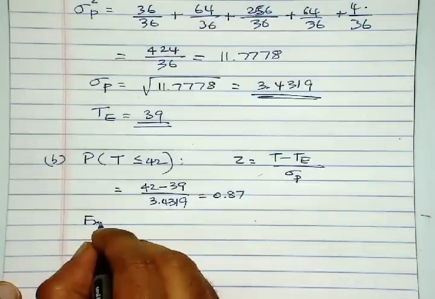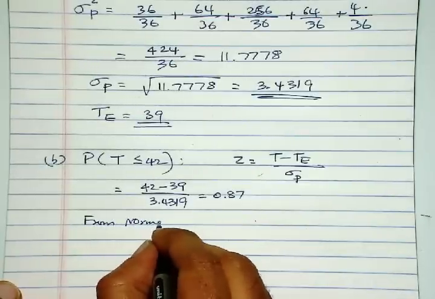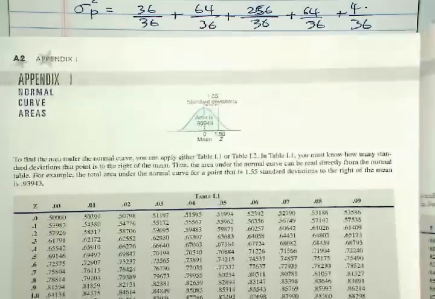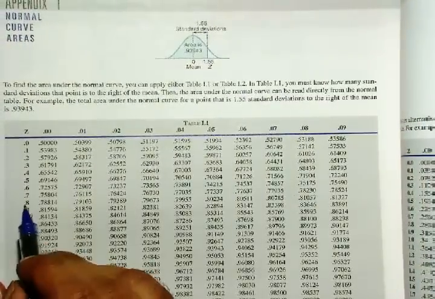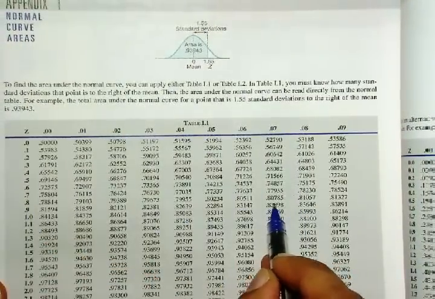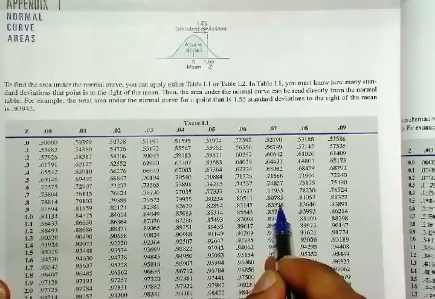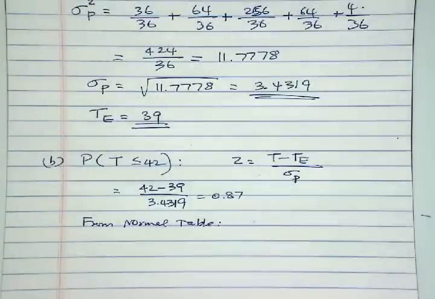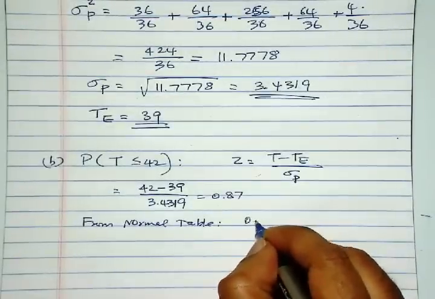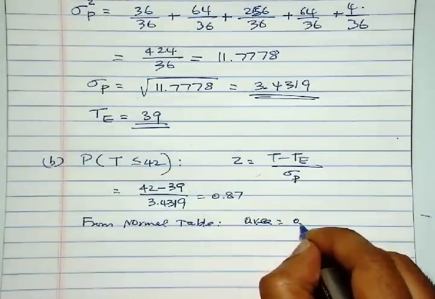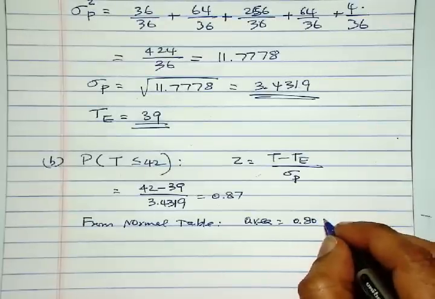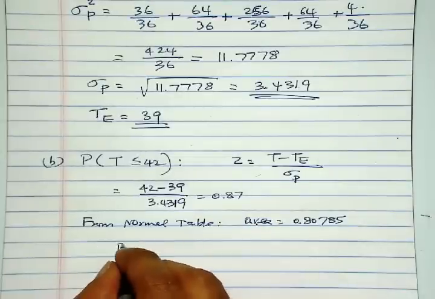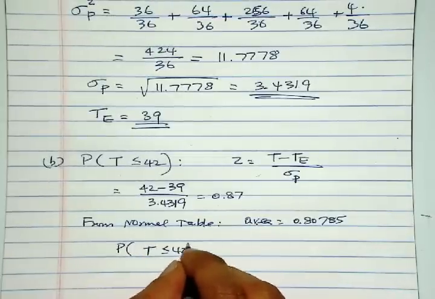So from the normal table, for 0.87, you go to the normal table and you get 0.80785. And that is the cumulative probability. So the probability that t is less than or equal to 42 is that.